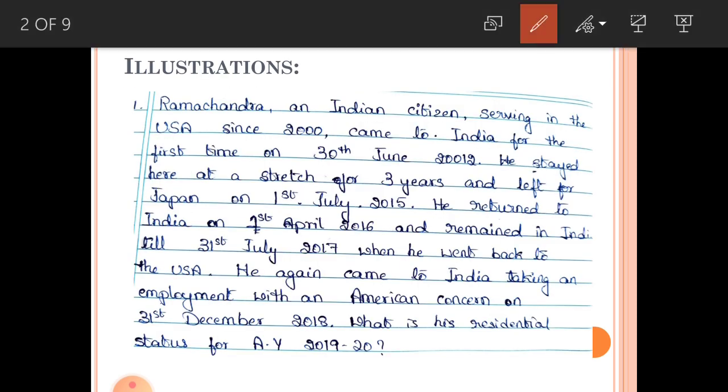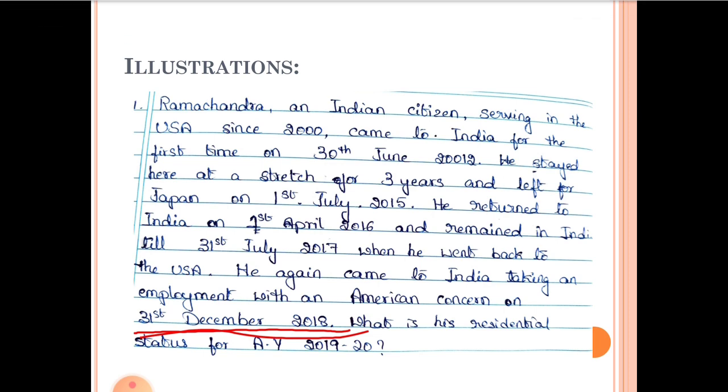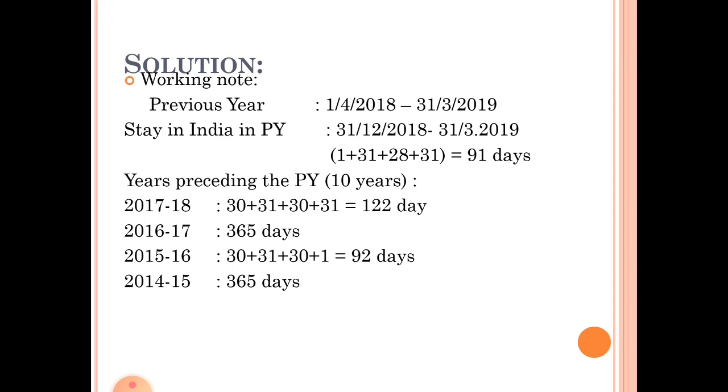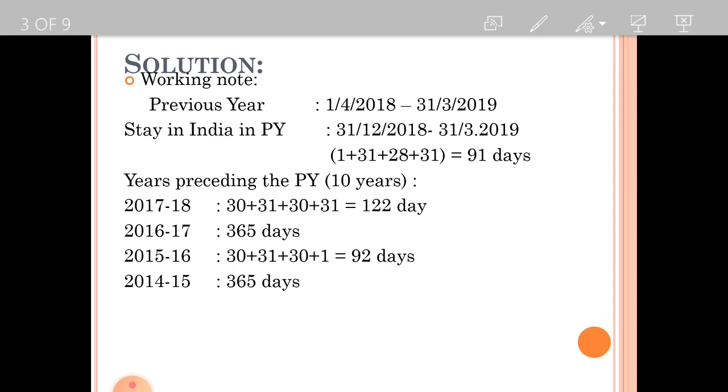In the last year he came to India by taking an employment with an American concern on 31st December 2018. From that date he lives in India. So, here he stays in India in the previous year from 31st December 2018 to 31st March 2019. His stay in India starts on 31st December only, because he landed in India on 31st December. We have to consider that date to calculate his residential status.